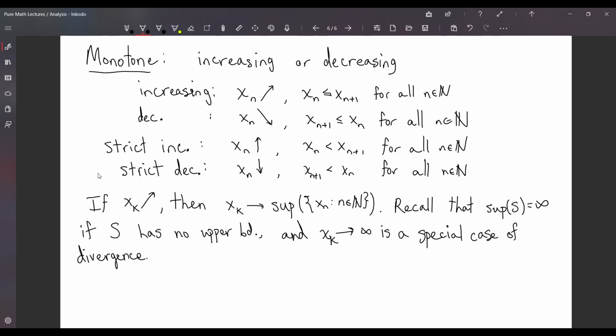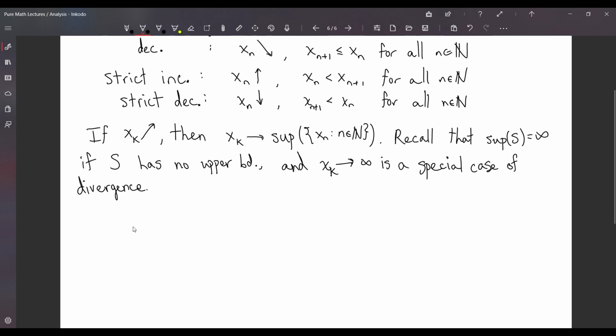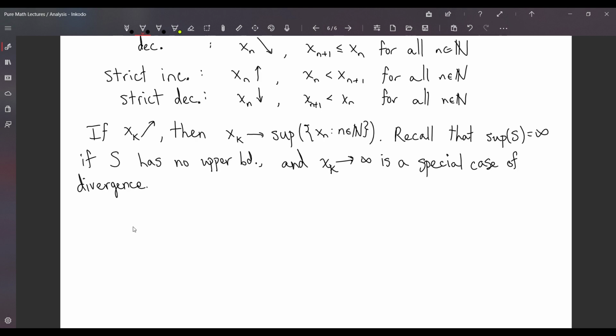Of course, you should write down the precise proof for that to get a feel for it. But if we ignore that case, then the case where x sub k is not a bounded sequence, right?